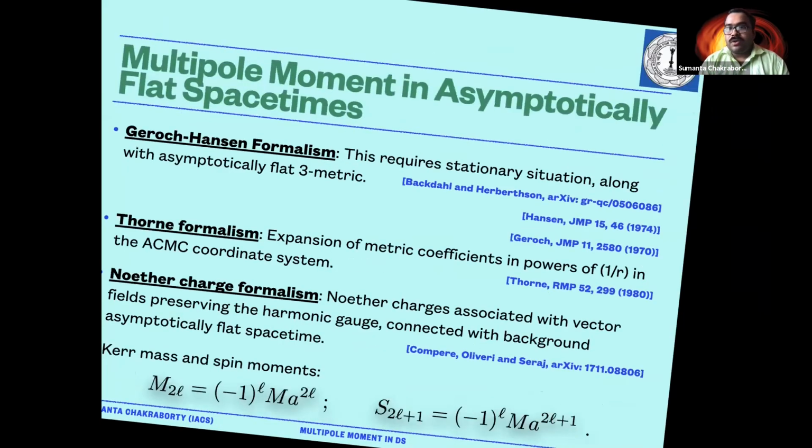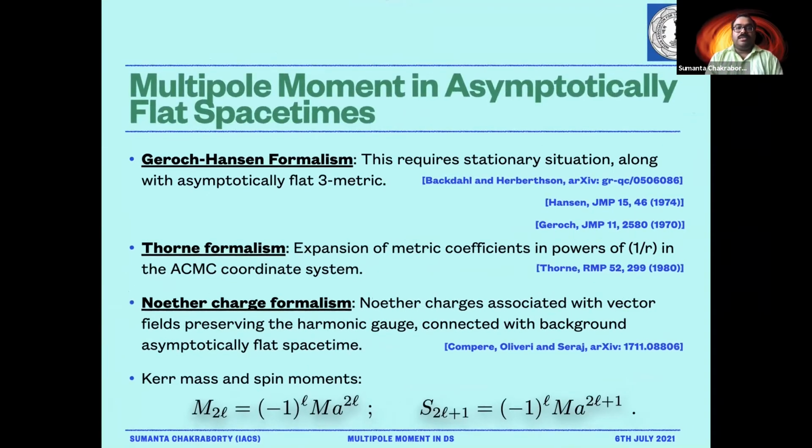So let us talk about the multipole moments in asymptotically flat spacetime. For that, there are three well-known formalisms at our hand. The first one is, of course, the Geroch-Hansen formalism, which was developed by Geroch and later extended by Hansen.